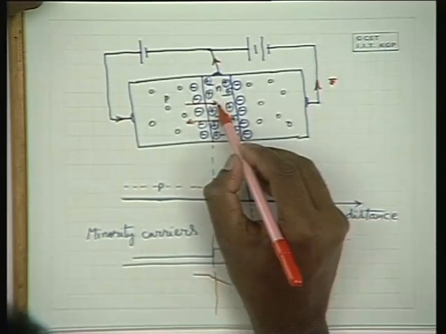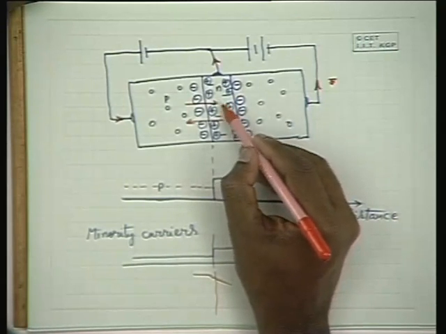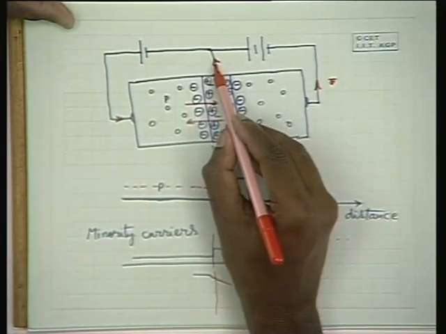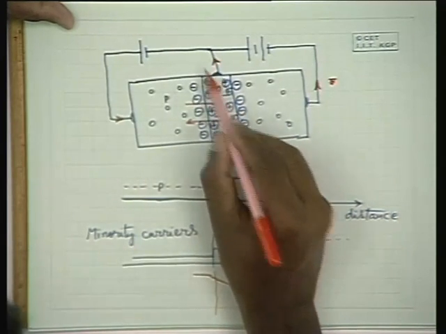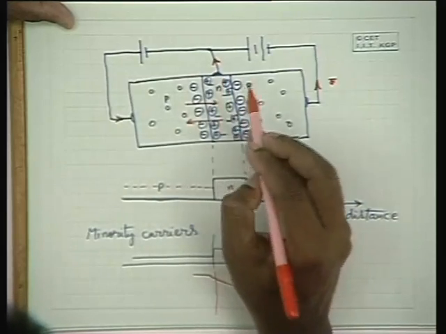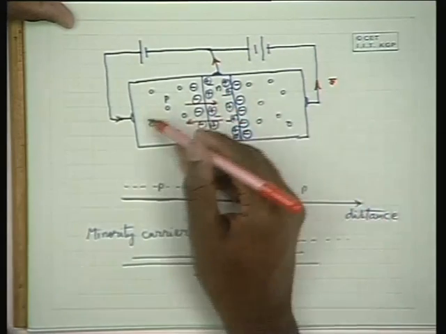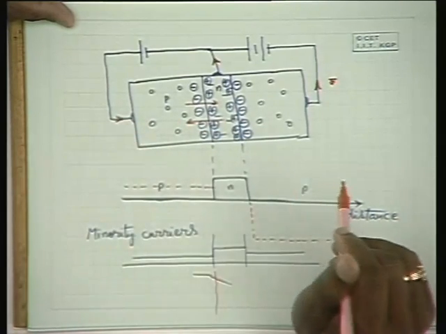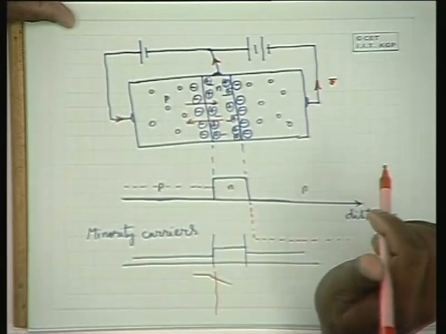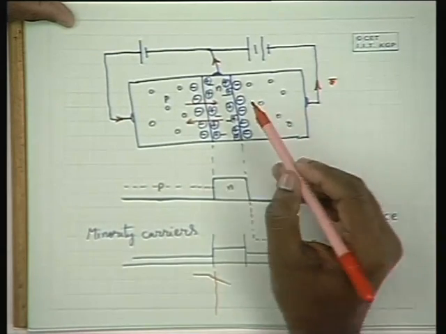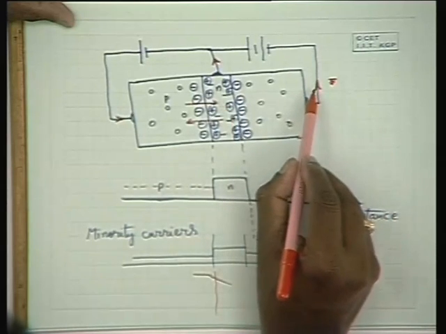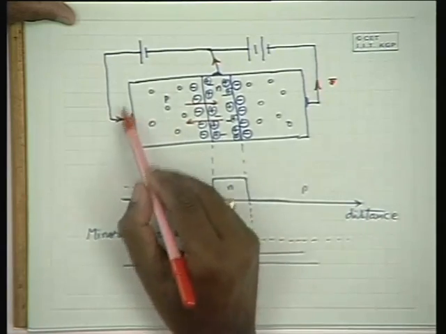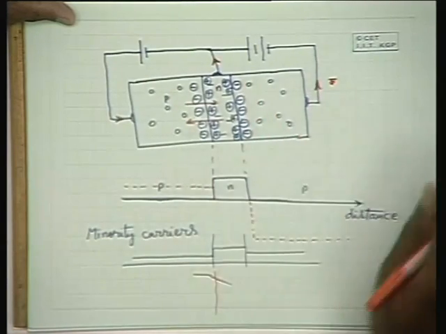And the electrons which are present here partially get recombined with the holes coming over here, and they contribute some amount of base current which goes in this direction. And the electrons get diffused into the p side, and they contribute some emitter current in the opposite direction. Now because of drift, it appears like a collector current over here. This is what happens when this junction is forward biased and this junction is reverse biased.